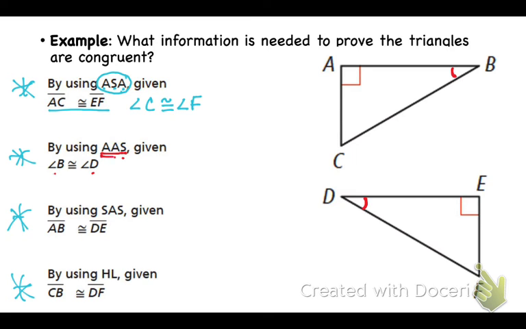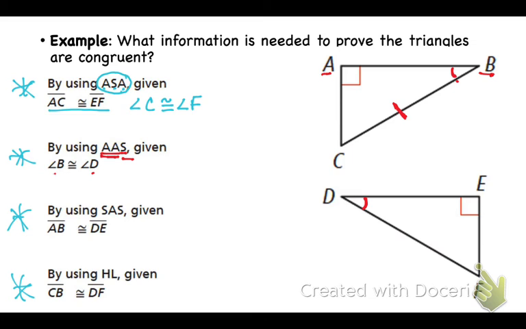So I need 2 consecutive angles and then a side. So I have a right angle, an angle. So what side do I need then? I need BC, wouldn't I? I went right angle to acute angle. So the next thing I need is the side.